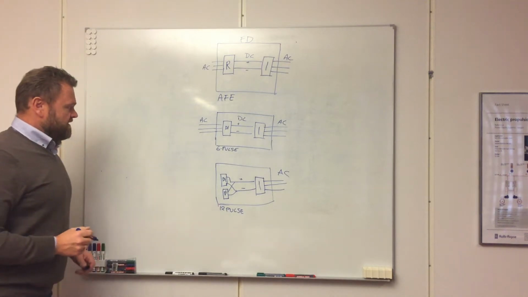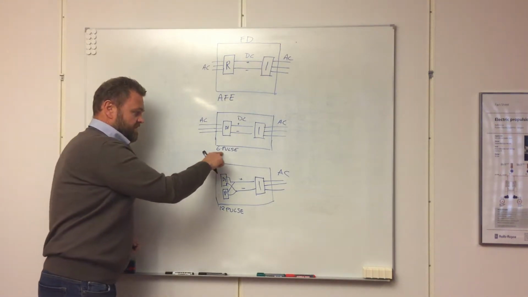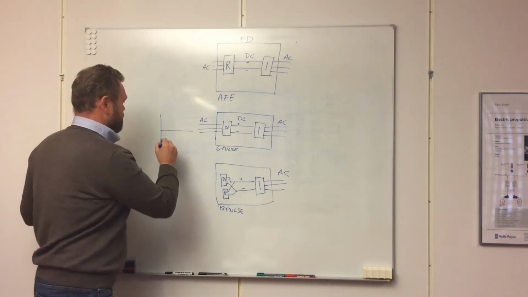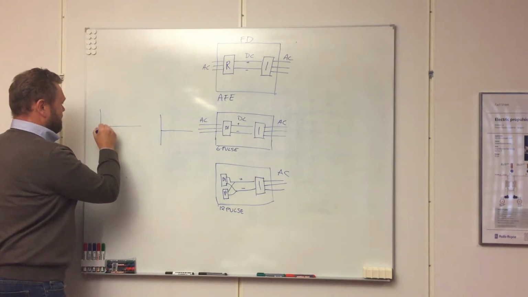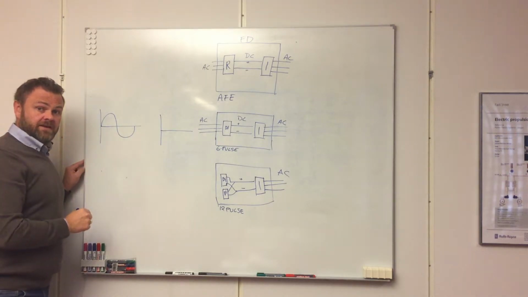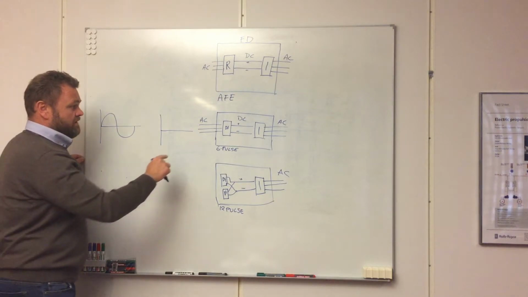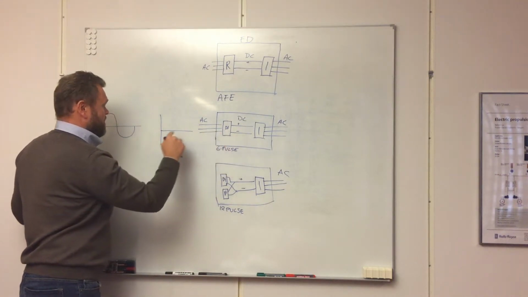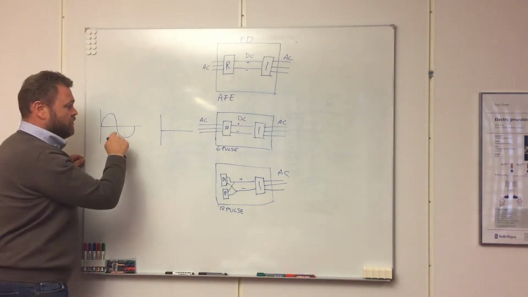So why do we do this? That's because the 6 pulse solution makes a lot of distortion on the voltage on the grid. The voltage on the grid should be like this, clean voltage. However, this diode passive bridge will make a lot of distortion on the voltage.